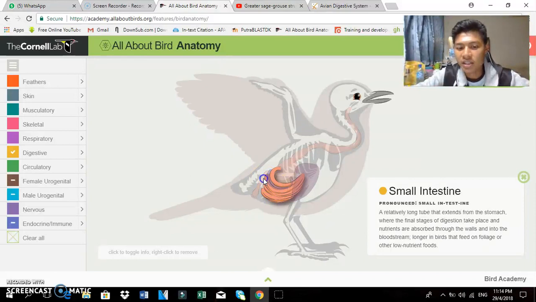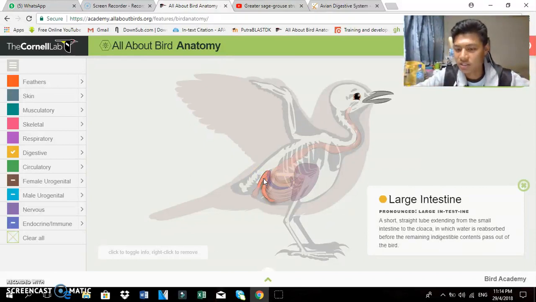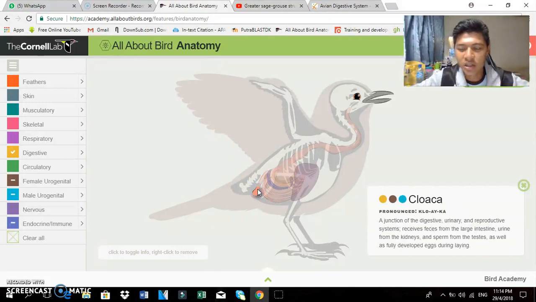Okay, and the next part is the large intestine. It also has a function quite similar to the human, because it reabsorbs water into the body. And the next is the cloaca.